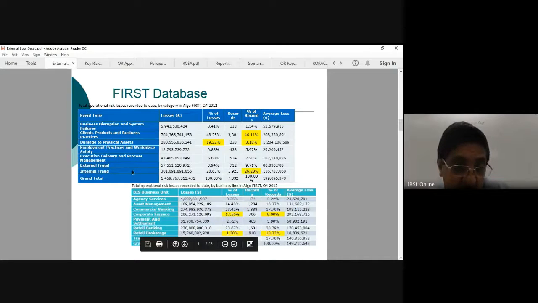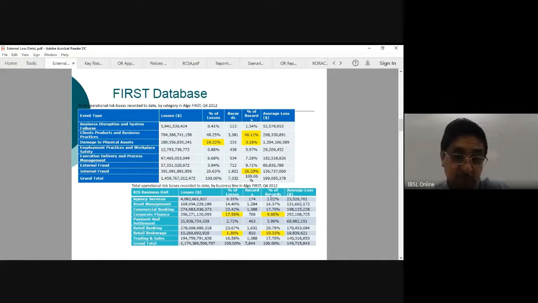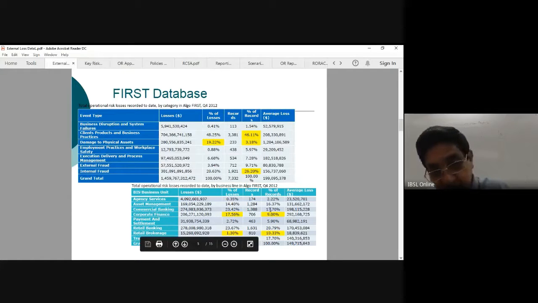Both means now you need to get the relevance with the business line and the risk event type as well. But here it was done separately. The event type analysis, one analysis, business line analysis, another one. So this is not the one I told you. Anyway, we will see whether we can have that type of a thing.